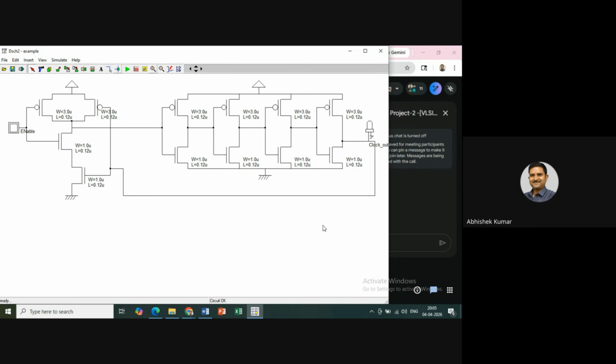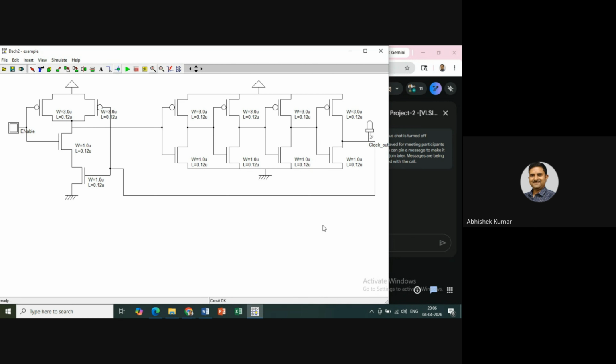Mention what the frequency is for a lower number of stages and for a larger number of stages, and try to learn what the impact is if the number of stages increases.